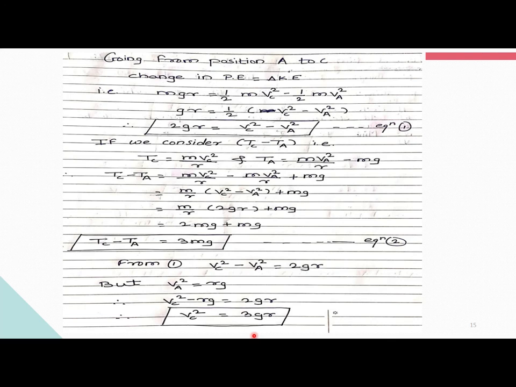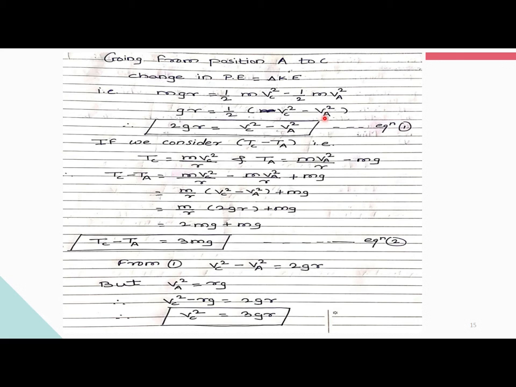Going from position A to C, the change in potential energy is equal to delta KE, that is mgr is equal to half mVc square minus half mVa square. So gr is equal to half of Vc square minus Va square.